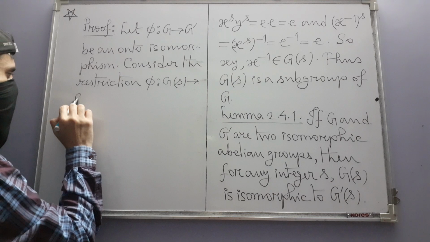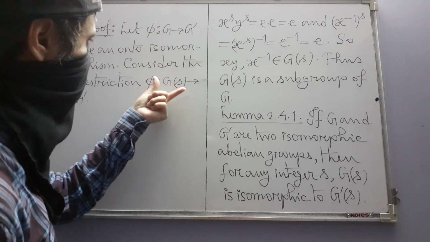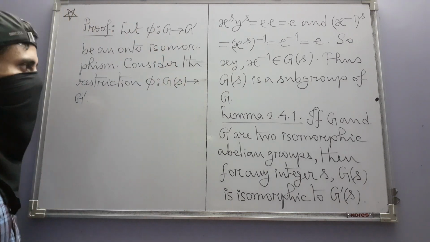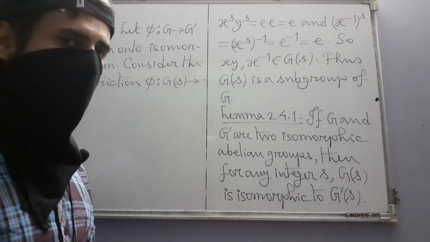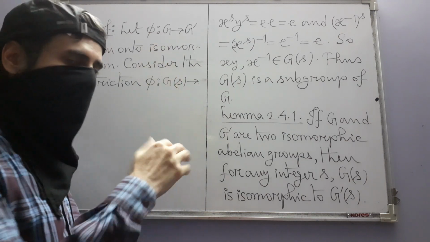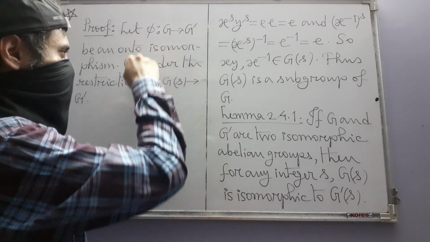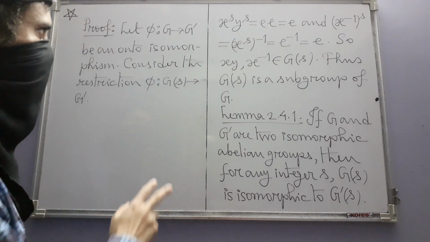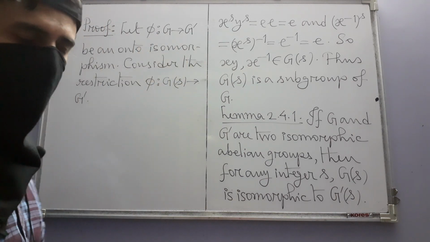The second group does not change, of course. We have restricted phi to the subgroup G_s of G. And we already know that when we restrict a function, it still remains a homomorphism, provided of course we are restricting it to a subgroup and not just an arbitrary subset. So this restriction is also automatically a homomorphism. Moreover, the original phi was one-to-one, so this one is also one-to-one.